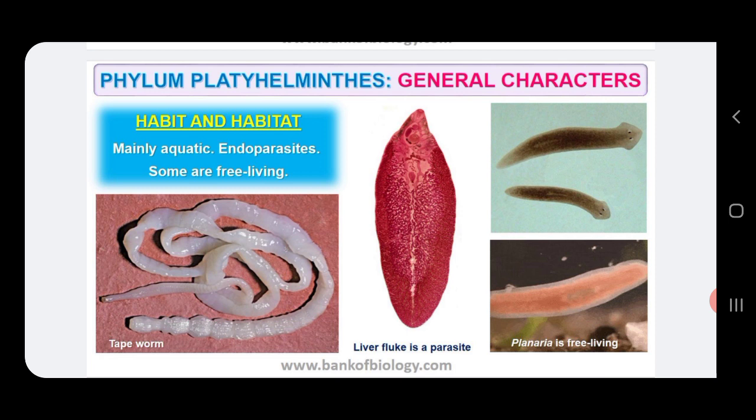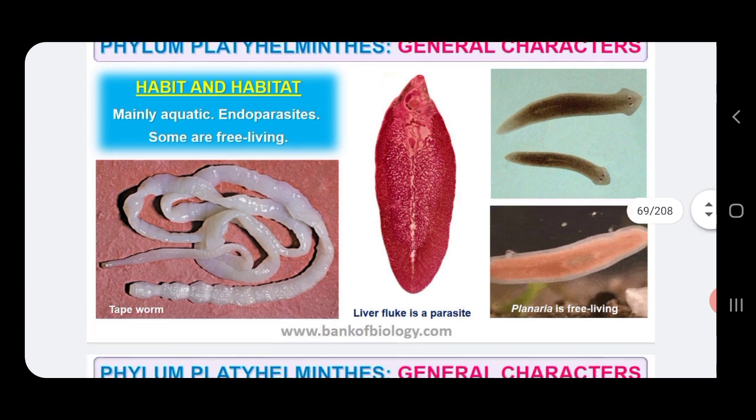But most of them are free living, and a few of them are parasites. For example, parasites, you can give the example of liver fluke, tapeworm, etc. Usually they are endoparasites, found inside the body. Okay, so that is about their habit and habitat.